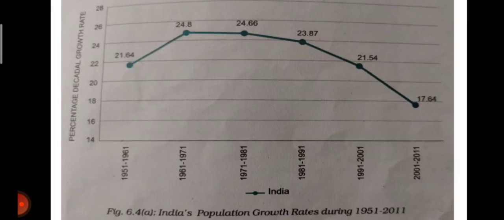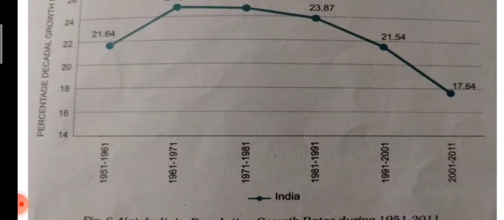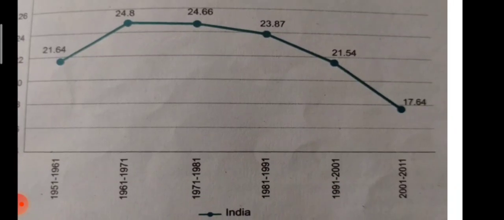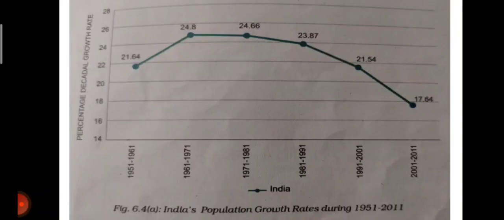You can see in the diagram, in 1951 to 1961, the growth rate was 2.64%, while it was at its top, 24.8%, in 1961 to 1971, while in 2001 to 2011 it was 17.64%, which shows the decrease in the growth rate of the total population.